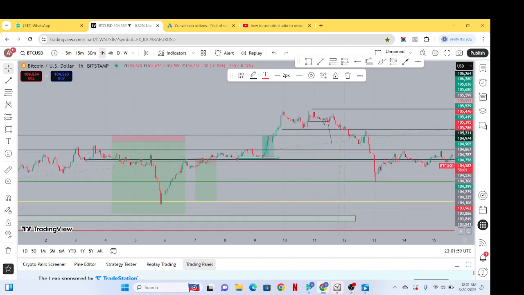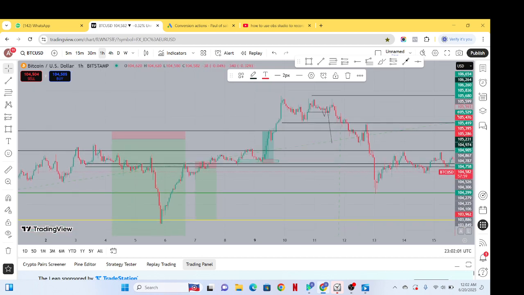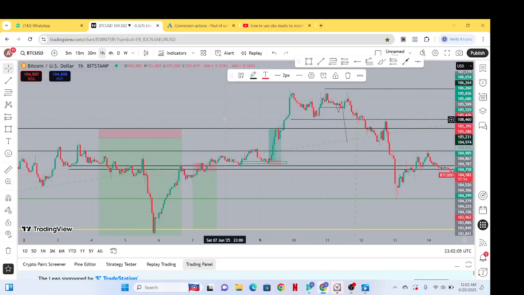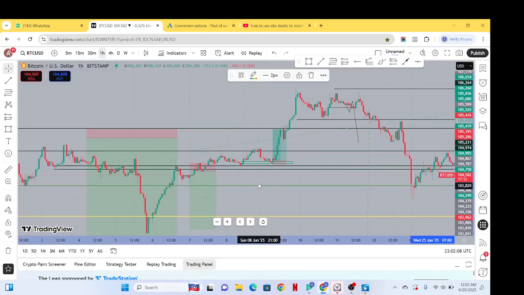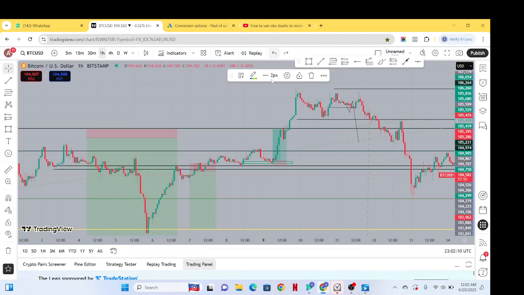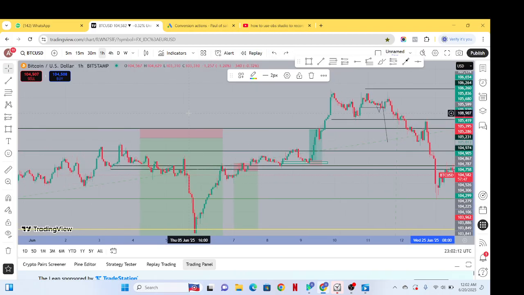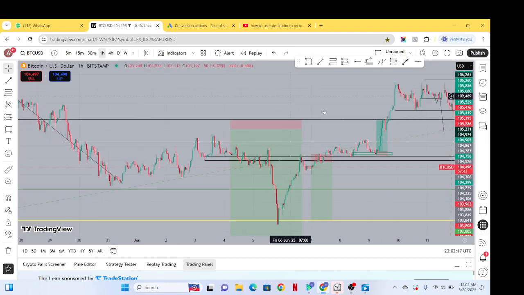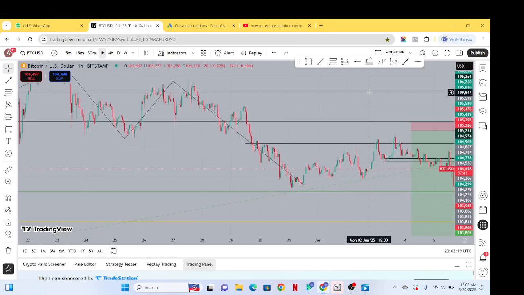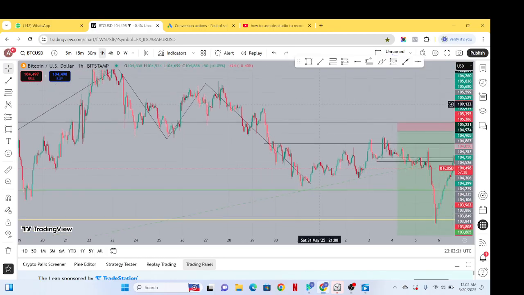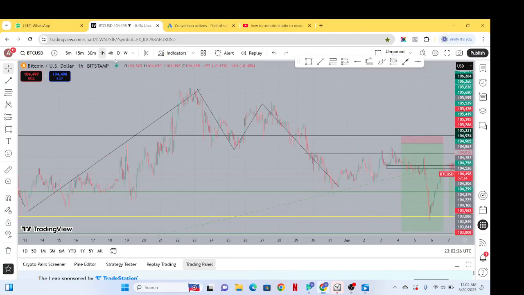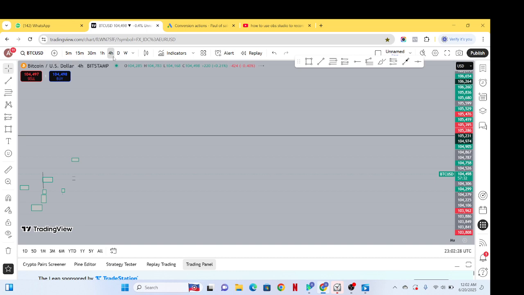So basically, this is one of the trades I took. There are several others too, but this particular one is what I promised to share with you. I've been off the market for months now, so when I came back to the market, the first thing I did was go to the higher time frame to know what direction the market is in.